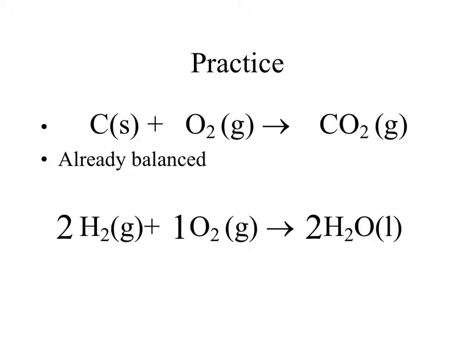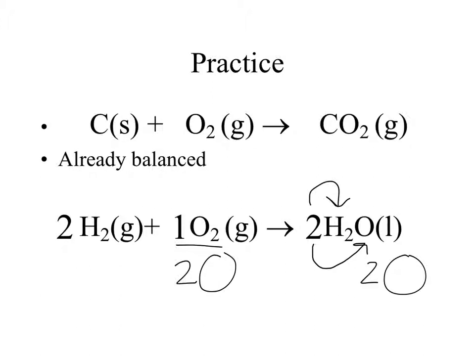If we look at the equation just a little bit lower now, originally the oxygens were not balanced. So we had to put a 2 here to make it 2 oxygen to balance out with these oxygens. So that's 2 oxygen, and now 2 times 1 is 2 oxygen. But because of that coefficient, it now made 2 times 2 hydrogen, which is 4 hydrogen.